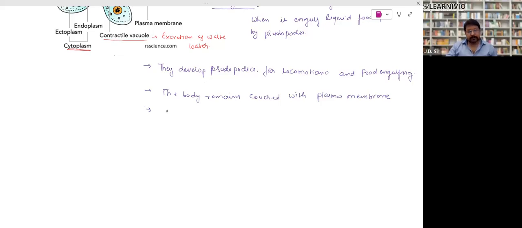What kind of nutrition is found? Nutrition is generally holozoic. They are engulfing particles, holozoic, right?